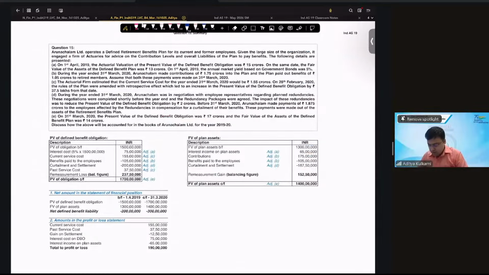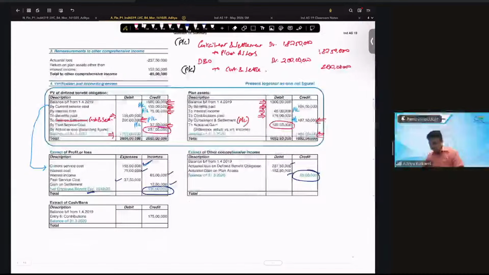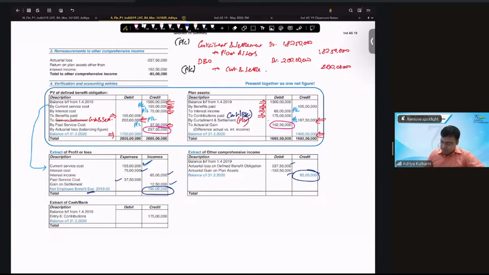Okay, this would be the overall picture. Contribution to the plan, cash bank.